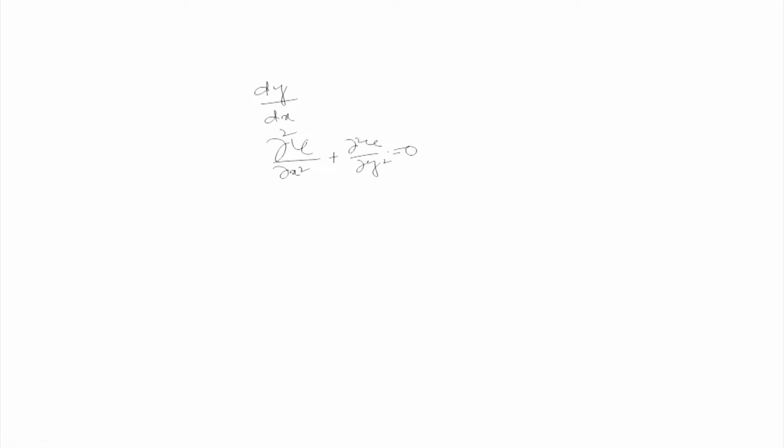So, earlier our equation we have just defined in the form of A ∂²u/∂x² + B ∂²u/∂x∂y + C ∂²u/∂y² + E = 0.